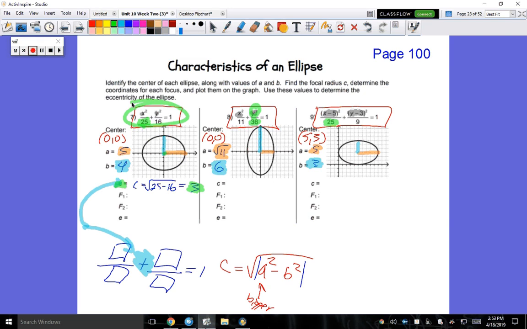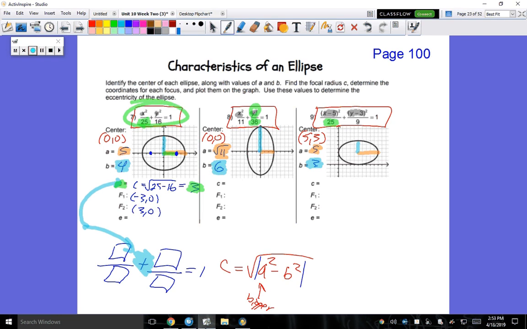We're going to jump out left and right. Okay? So that jump of 3 will tell me right here is where the foci will be. 3 units to the right is one of them, and 3 units to the left is the other. So what do you have? Negative 3, 0 for one, and 3, 0 for the other.